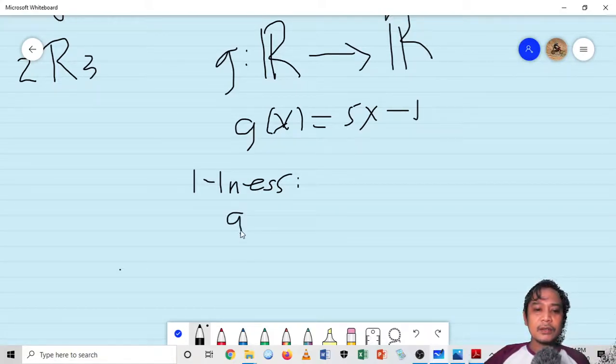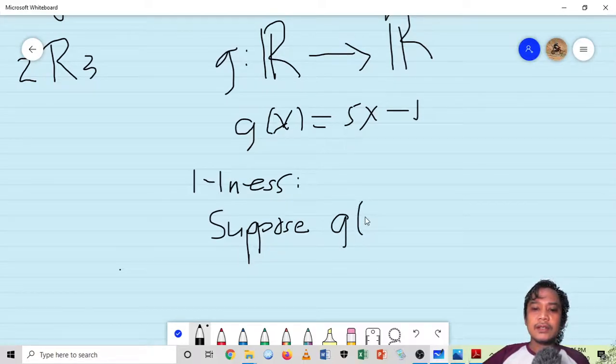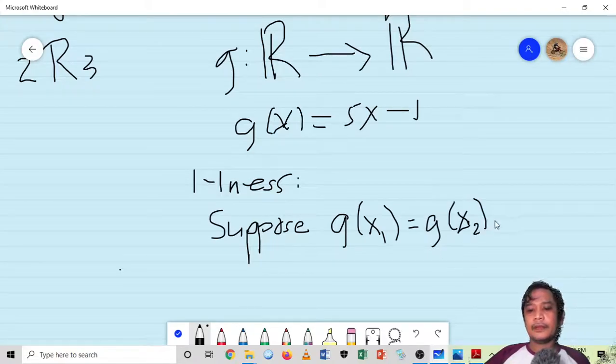So, suppose x sub 1 and x sub 2 have the same images. That is, g of x sub 1 is the same as g of x sub 2. Okay.